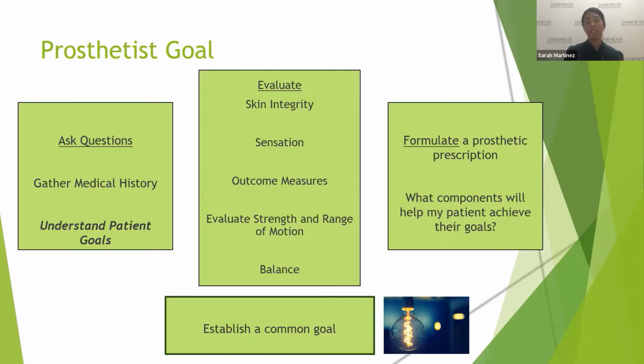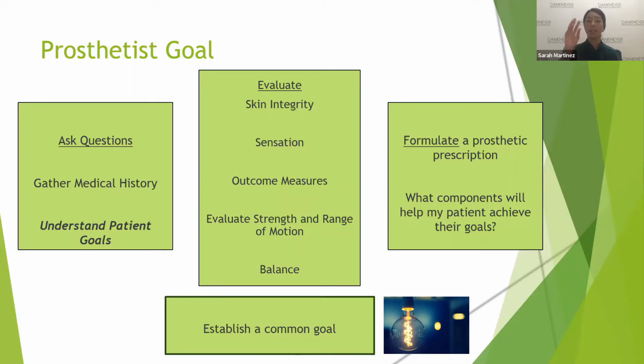Outcome measures like the AMP Pro or the TUG test, this is going to help us determine our patient's K level or activity level. And we'll get into K levels in a moment, but I'm just throwing that out there, planting that seed for now. Evaluate strength and range of motion, balance.